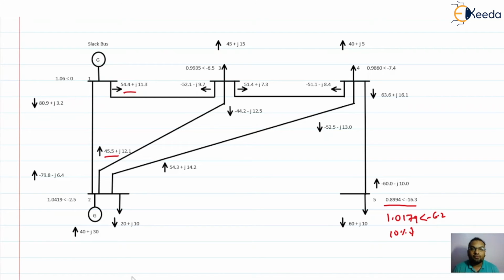If in future such a failure comes, that the line between 2 and 5 opens, then we have the action plan for that. So this way the contingency analysis will help us to alleviate the emergency condition.